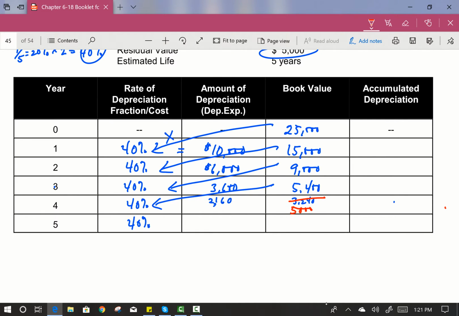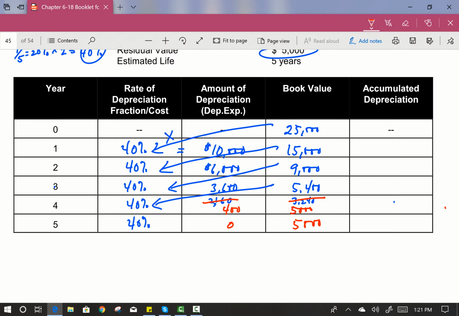And the difference between 5,000 and 5,400 is 400. So I'm going to mark out the depreciation expense at the end of year 4 and change that to 400. Then I will have zero depreciation in the 5th year, and my book value will stay $5,000.